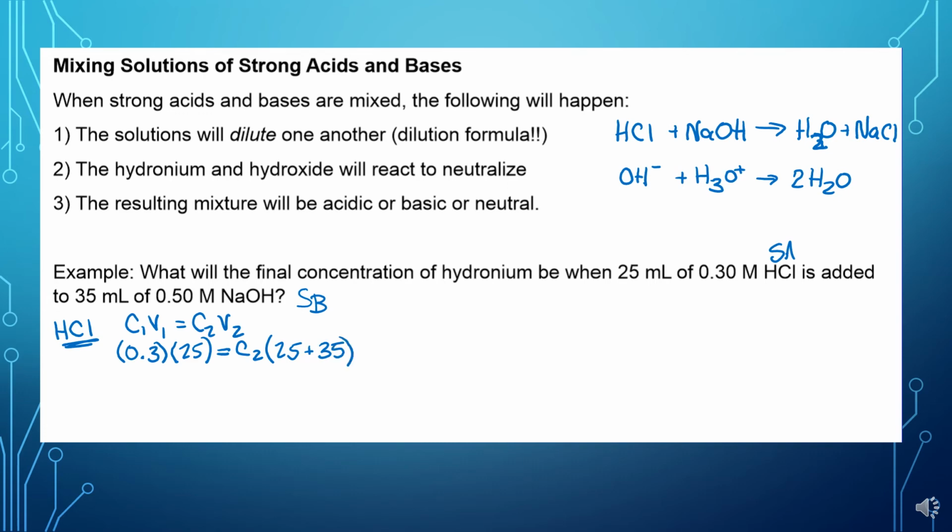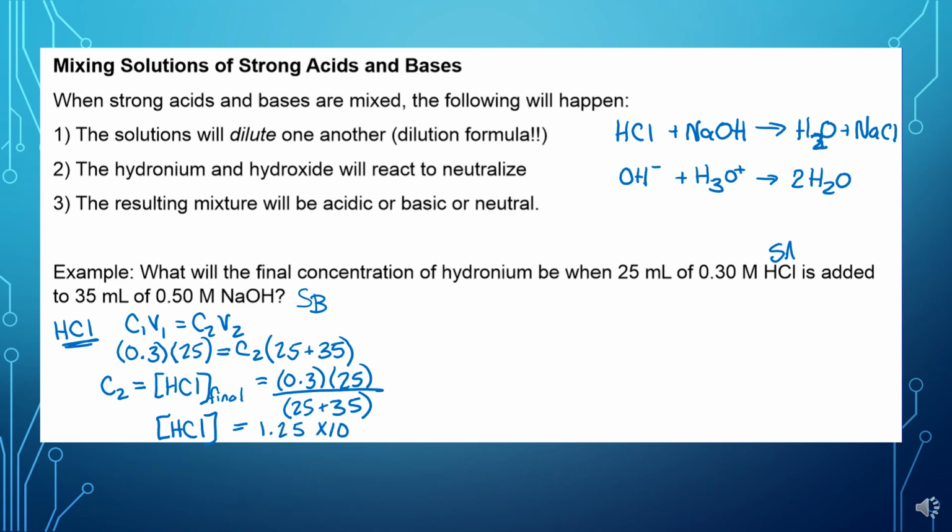So my final concentration is really the concentration of hydrochloric acid at the end, which is going to be equal to 0.3 times 25. We're going to rearrange this formula, and my final concentration of HCl is equal to 1.25 times 10 to the negative 1 moles per liter. So there's looking at it from the first perspective.